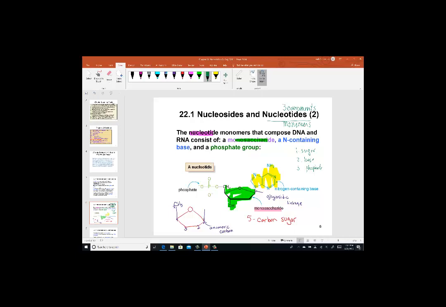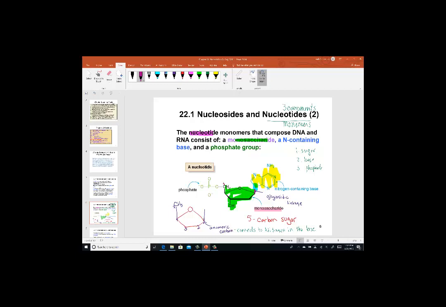And you'll notice that carbon number 1, the anomeric carbon, always connects to the nitrogen in the base. We'll see that there are a few varieties of bases. But let me highlight specifically, I'll use a light blue right here. This is the nitrogen in the base that connects to the glycosidic linkage. This linkage is from the anomeric carbon, carbon number 1, to the nitrogen of the base.